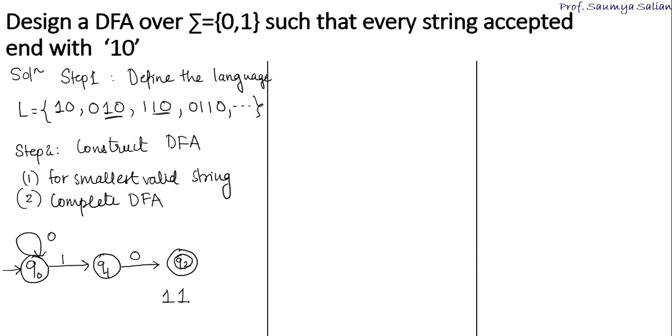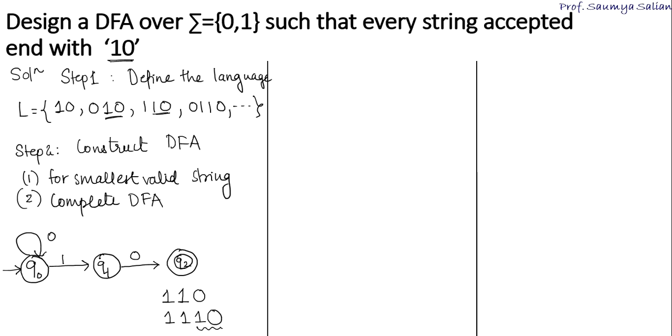So if I get a 1 here, I know that to reach the final state, I have this transition with input 0, right? So even if I have multiple ones in between, I know to reach the final state, I have this 0, and this justifies my condition of ending with 1 0.